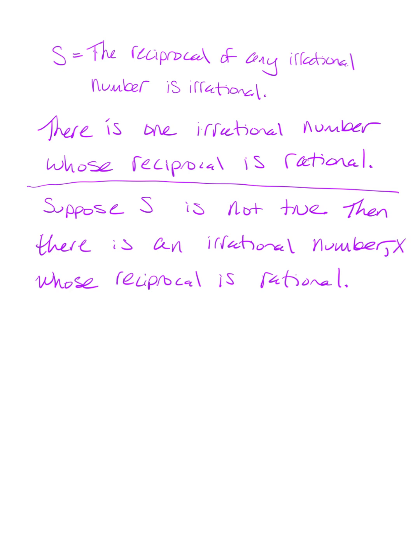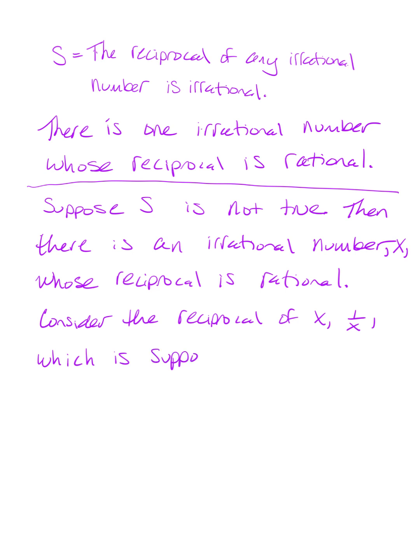There's an irrational number x whose reciprocal is rational. So we've supposed that this number exists. Let's consider its reciprocal. Consider the reciprocal of x, 1 over x, which is supposed to be rational.